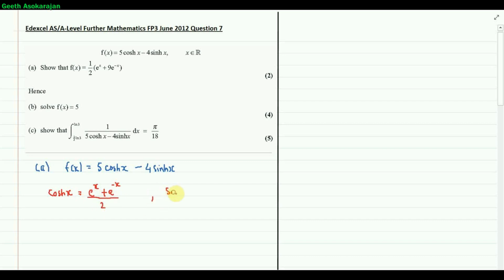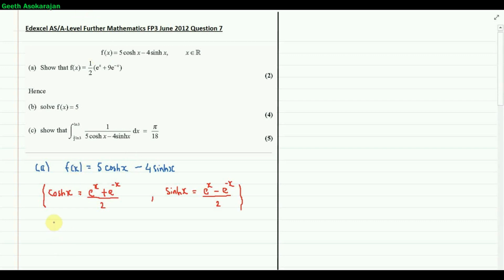And there is also a definition for hyperbolic sine, which is e to the x minus e to the minus x divided by 2. I'm going to be using both definitions here to write f of x in terms of exponential functions.